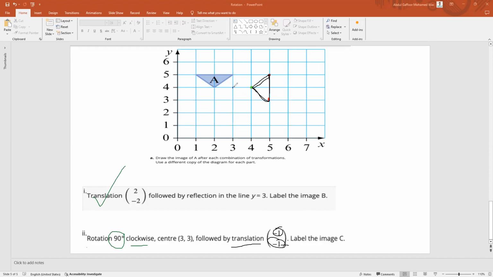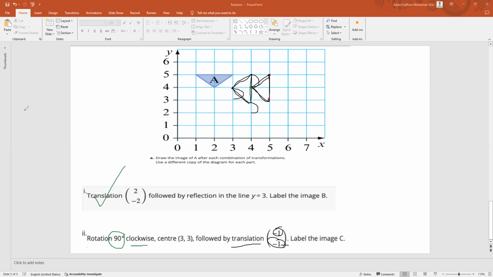So this will come here, and this also will come here, and this also. Again, this is an intermediate position, not the final position. Again, -1 means downwards along the y-axis. So this will come here, and this, and this.